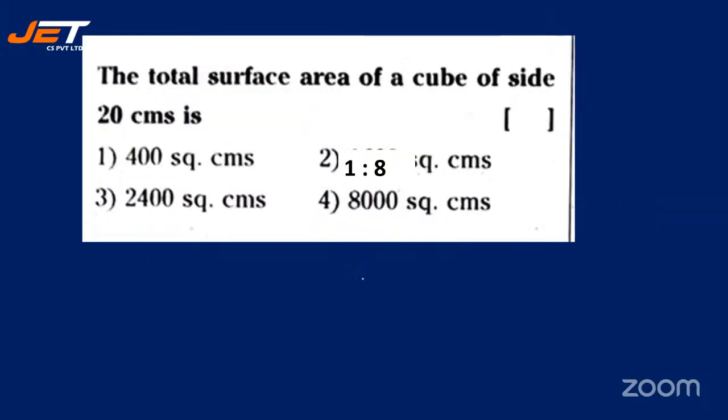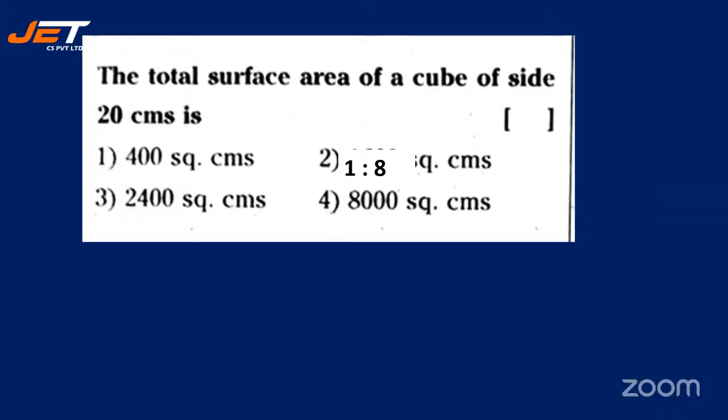Right. They've just given us a hint. The total surface area of a cube of side 20 centimeters dash. So what they're asking is the total surface area of the cube.